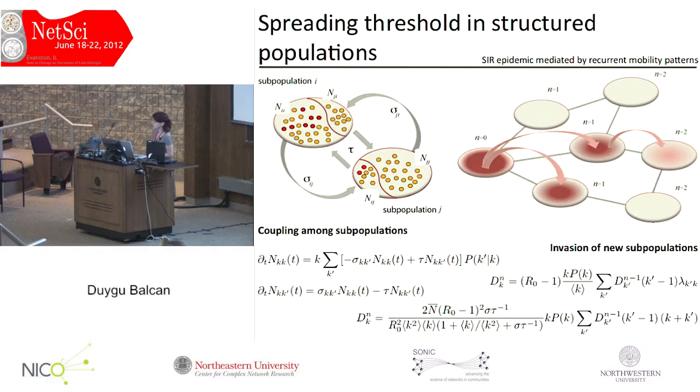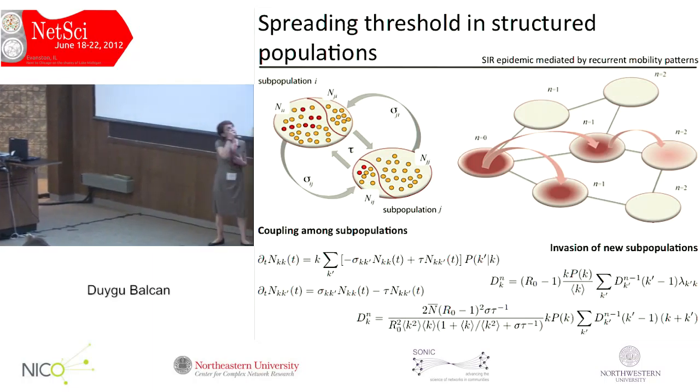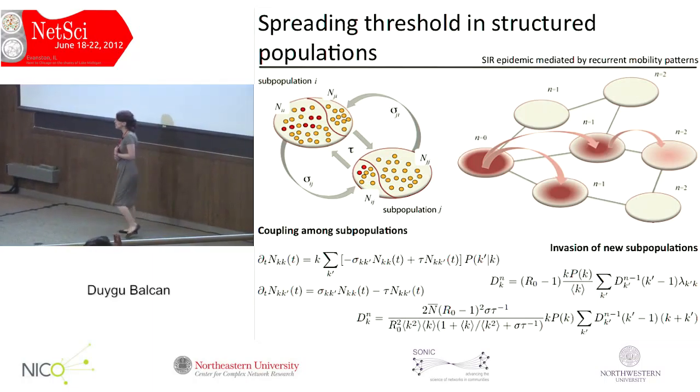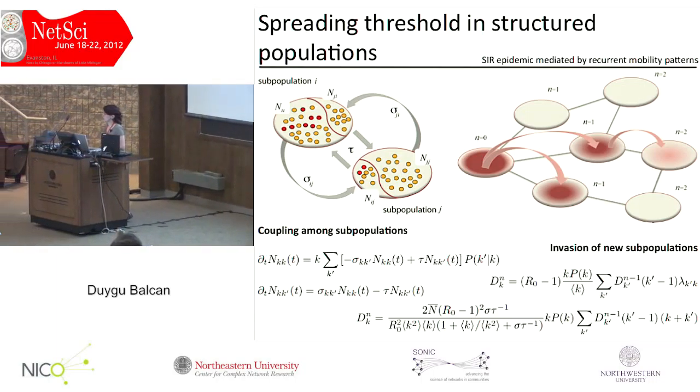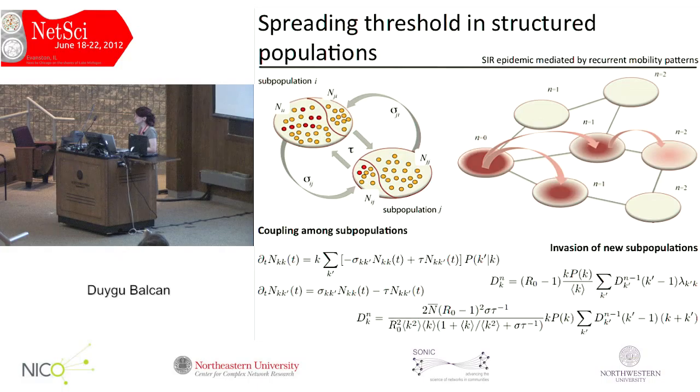And write down the recursive relations between the number of subpopulations which are infected during generation n-1, relating that to the number of subpopulations which would be generated at generation n of degree k.